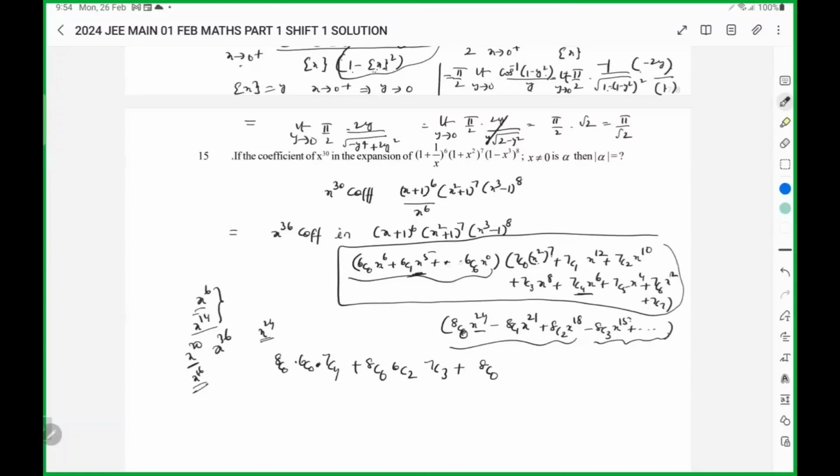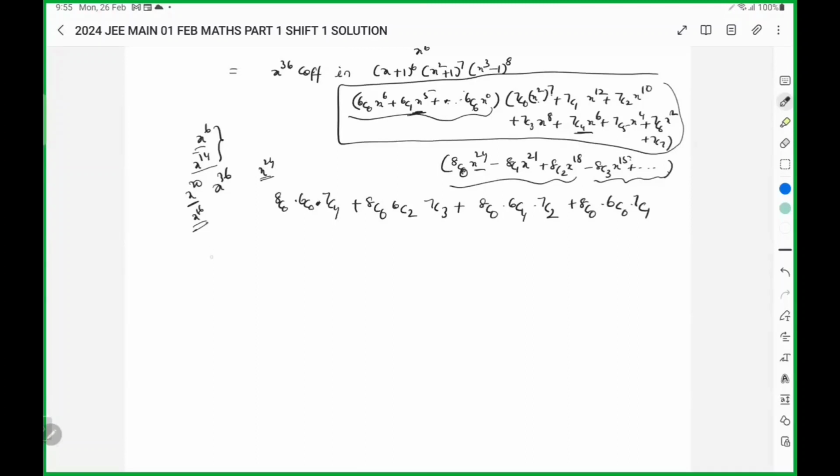Then 6C4 means x square, we require x power 10, 7C2, again 8C0. 6C0 and x power 12, that is 7C1.